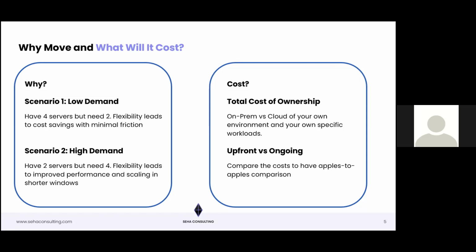on-prem solution. Conversely, if you look at the other side in scenario 2, you may have high demand. For example, you have an application, you've got 2 servers, but you needed 4.